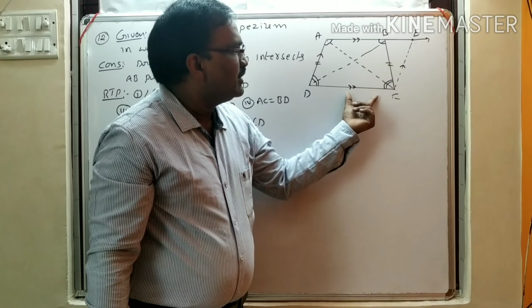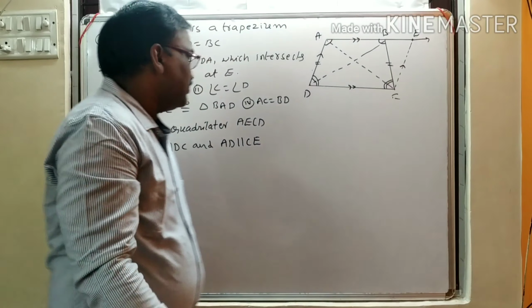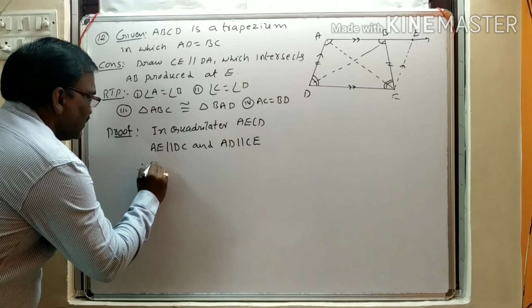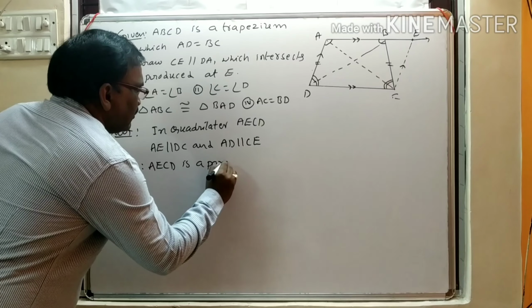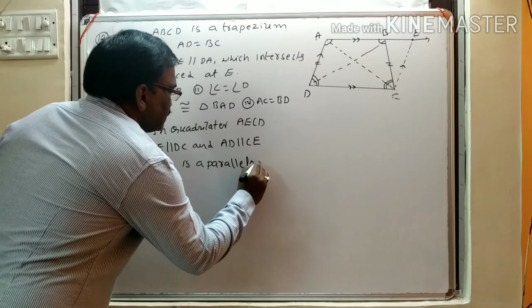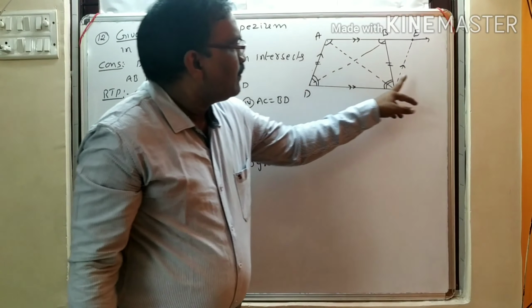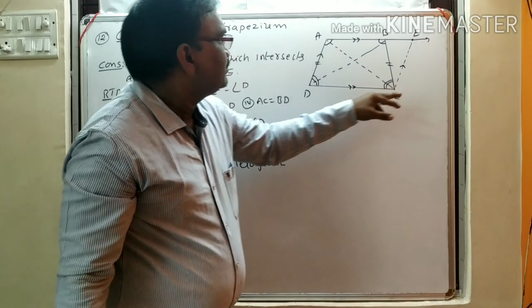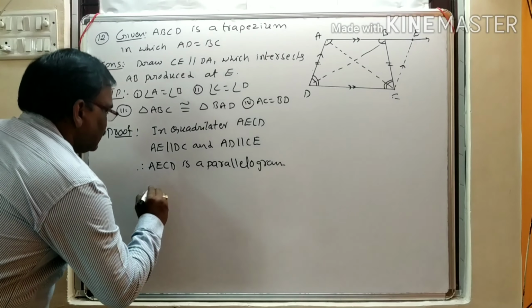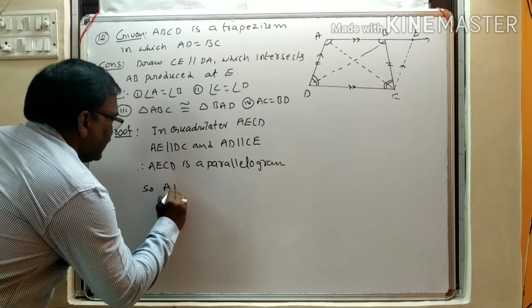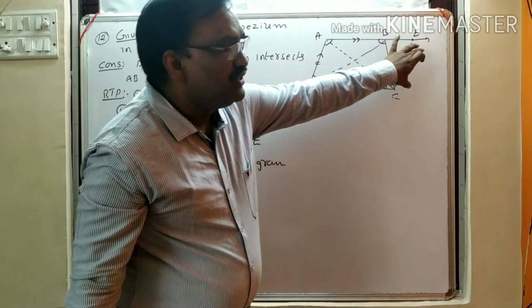So AECD is a parallelogram. So in parallelogram, opposite sides are equal. So AD is equal to CE. So this length is equal to this length.